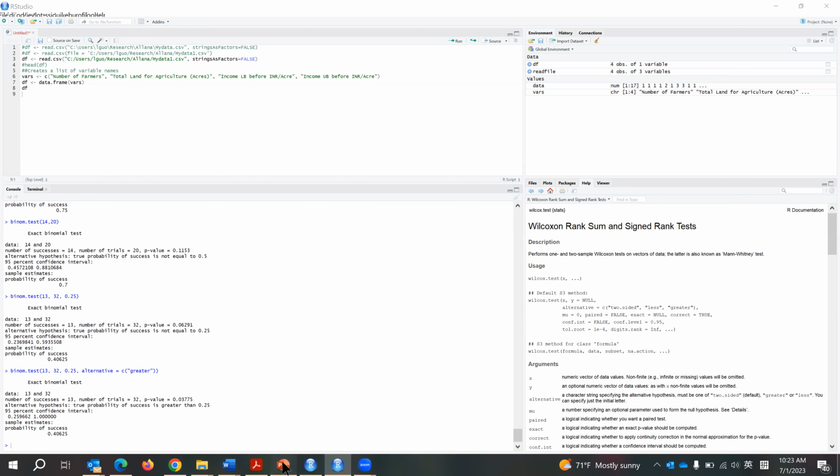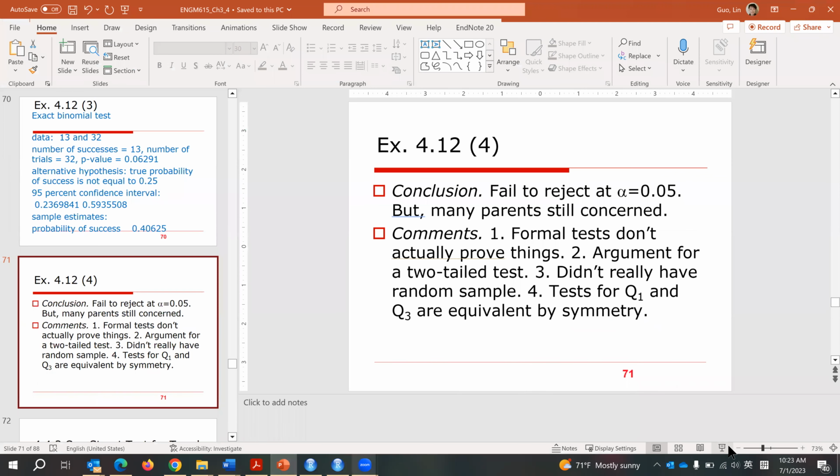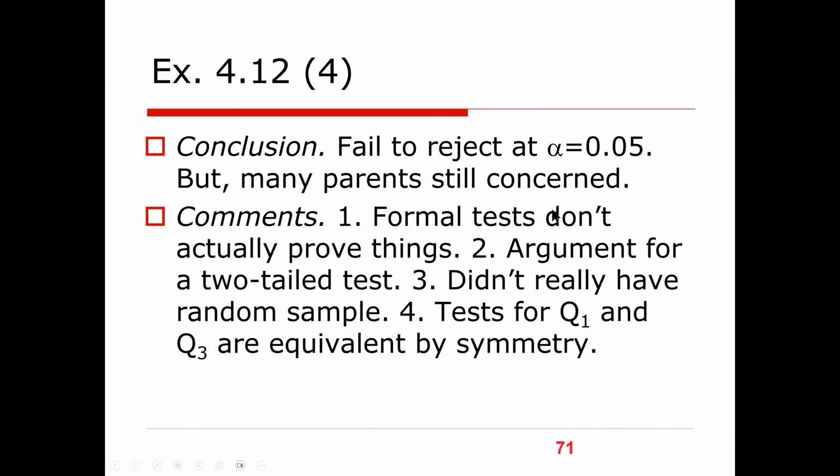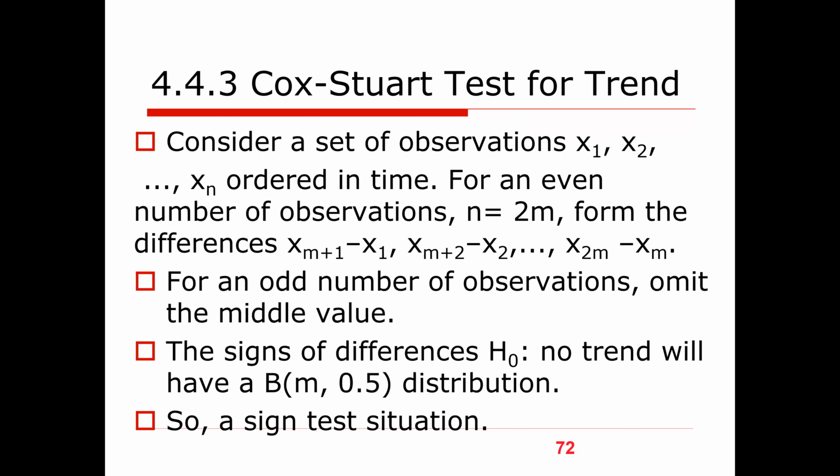So if it's a one-sided test, the result is different. And I think in this case, a one-sided test makes sense, right? Maybe because we don't have a random sample, the randomness of the sample is questionable. Therefore, our conclusion may not have a very valid indication. So tests for Q1 and Q3 are equivalent by symmetry. All right.